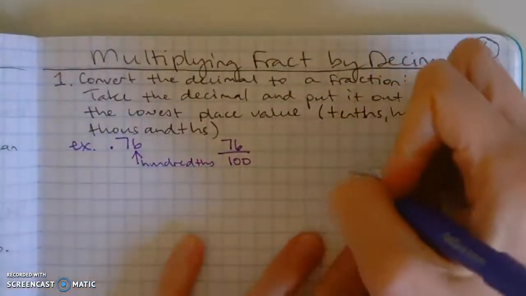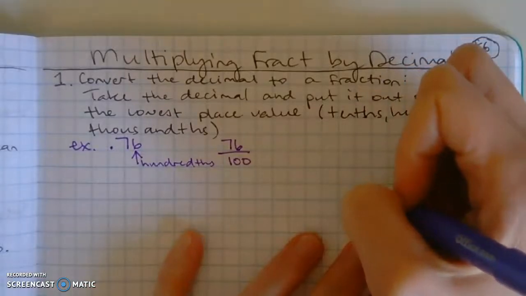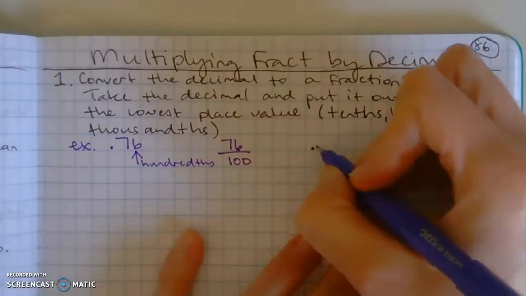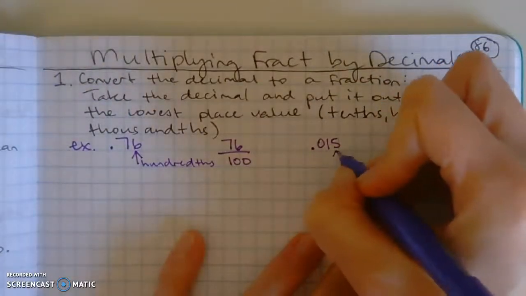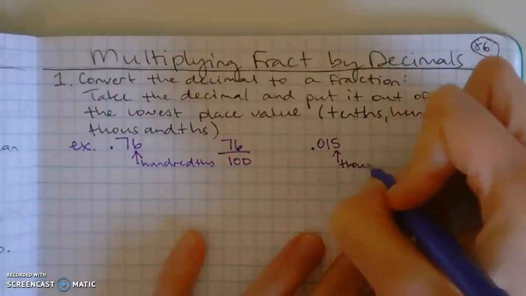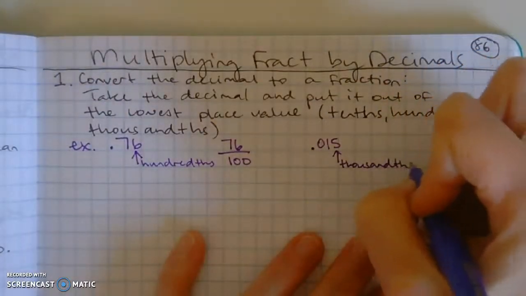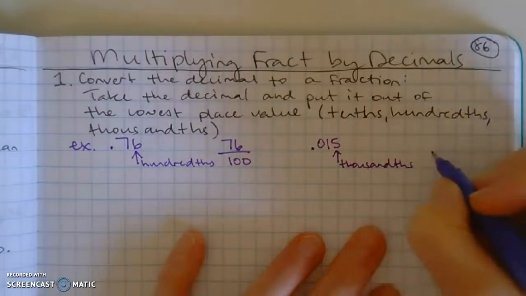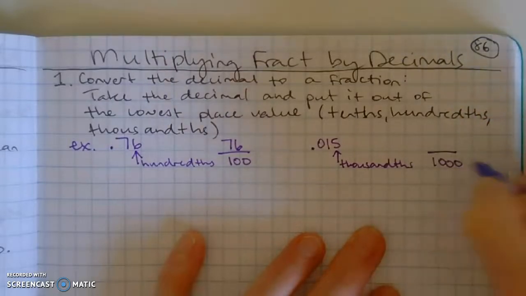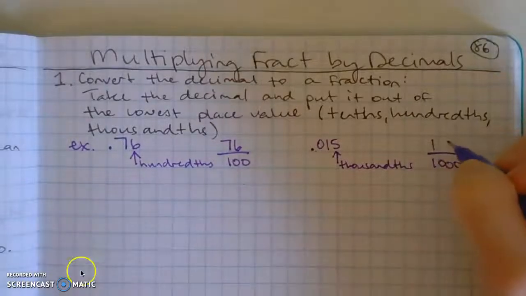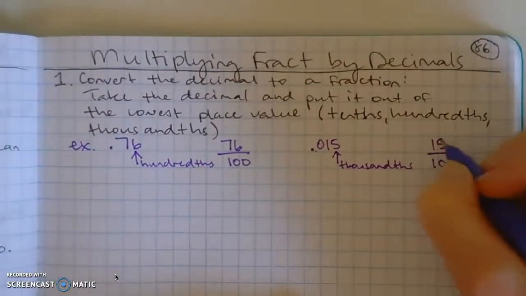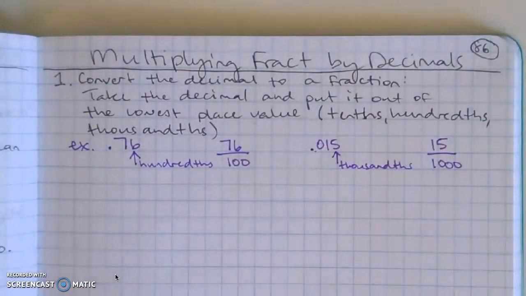If I have this decimal, my last place value is now the thousandths. So my fraction is going to be over 1,000. Okay, so it's 15 thousandths. Okay, so that's kind of what that's going to look like.